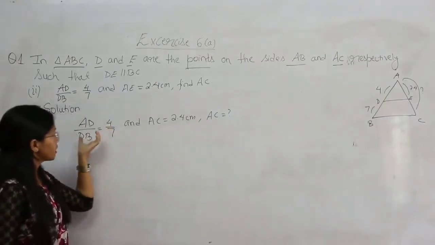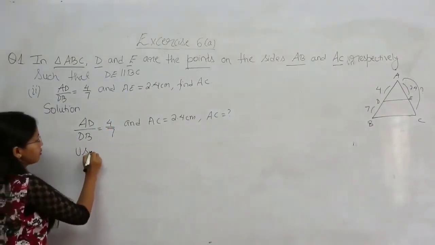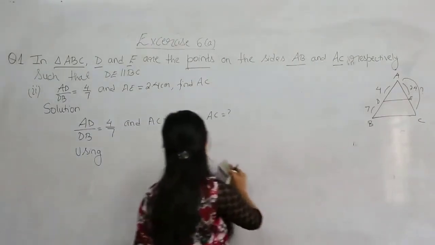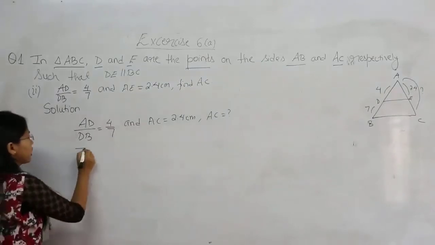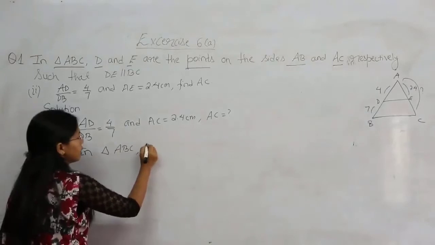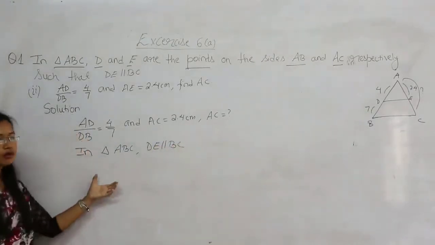So solving this using Thales theorem, in triangle ABC, we have DE parallel to BC, right?